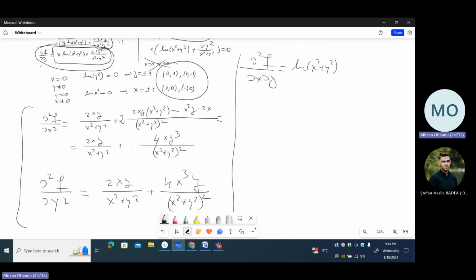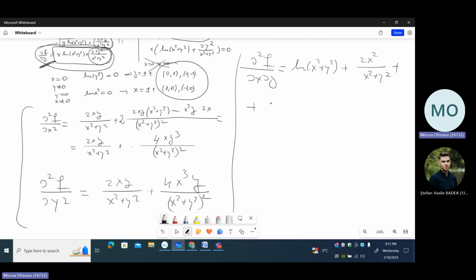It's a product: logarithm plus 2x squared over x squared plus y squared. And now plus the other term, this one, differentiated with respect to x.